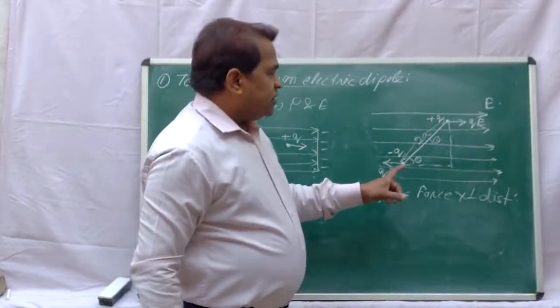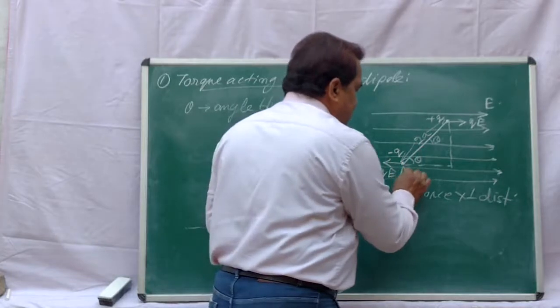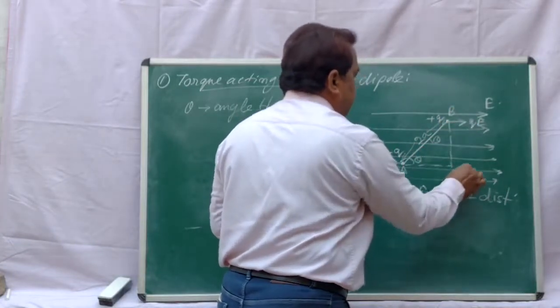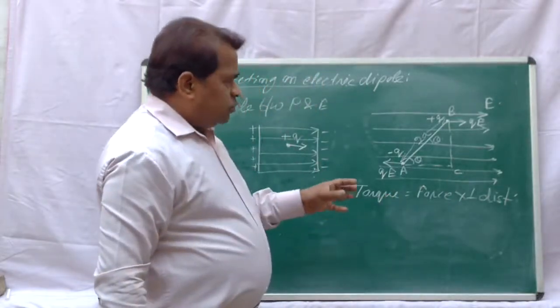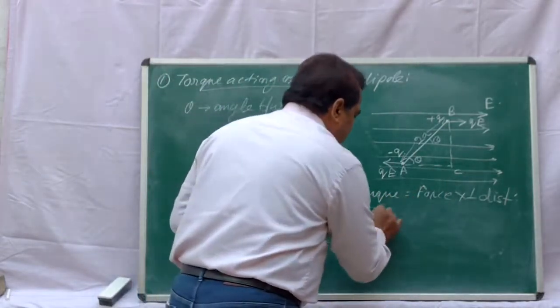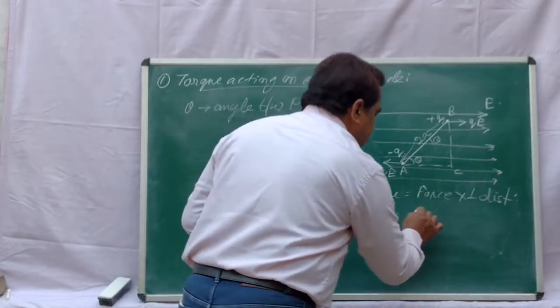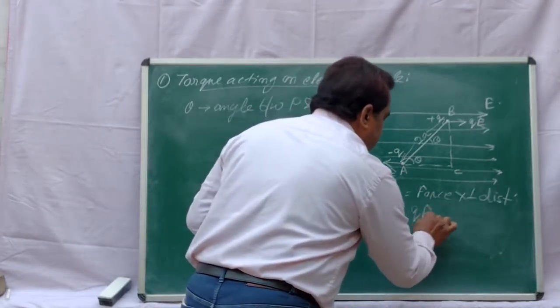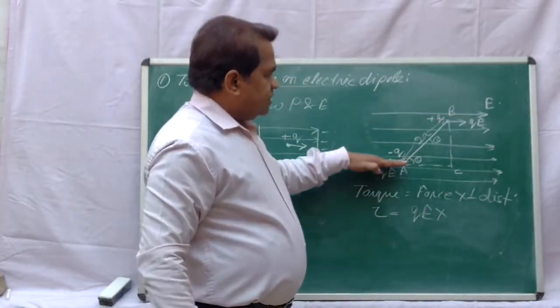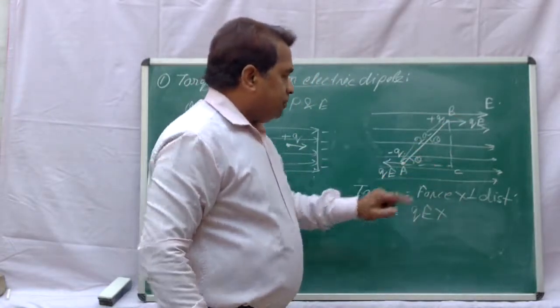So when we talk about this, this point is A, this point is B, and this point is C. Now when we talk about the torque, torque will be equal to force, which is qE, and the perpendicular distance between the two forces, that will be BC.